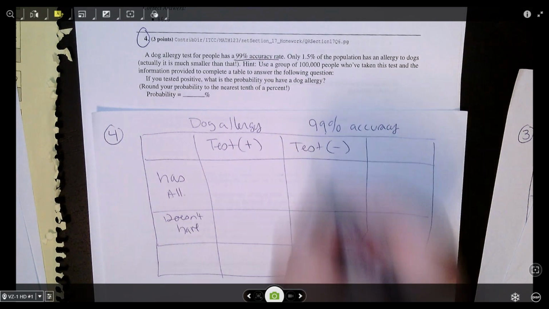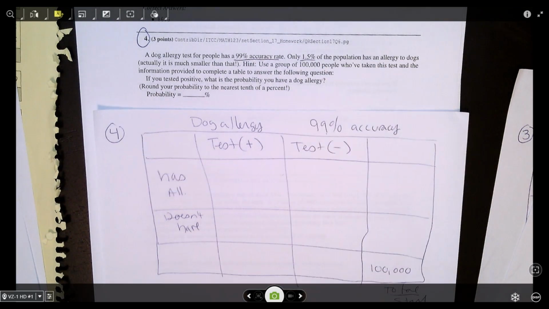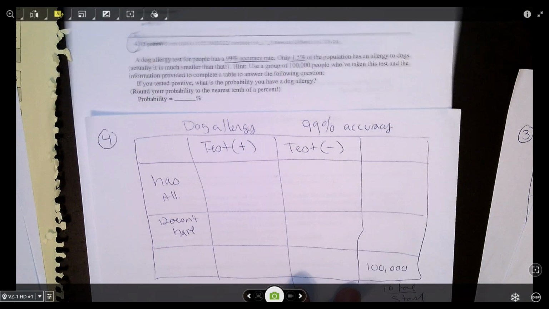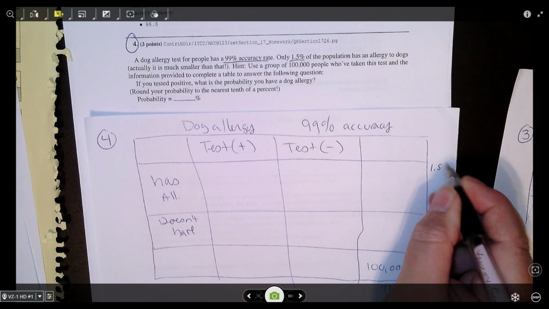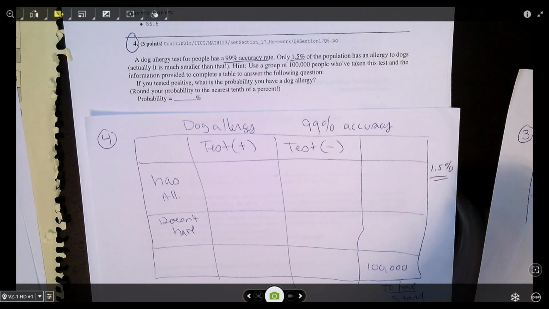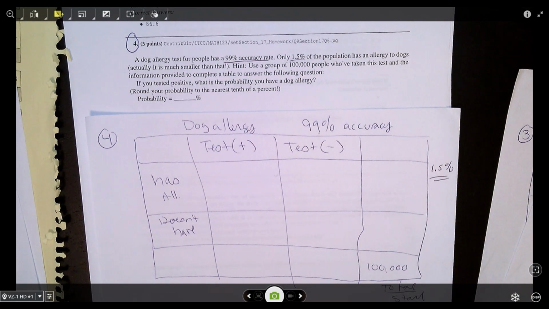Only 1.5% of the population has an allergy to dogs. It's actually much smaller. So 1.5% have it. That's where they're giving it to us. How many actually do or don't have it? Okay.